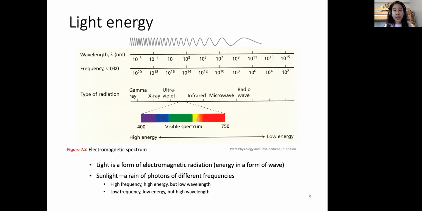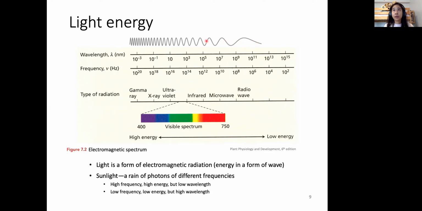All these together are different types of electromagnetic waves, and every electromagnetic wave has a particular wavelength. That means, like in this example, this is a longer wavelength. One wavelength is just from here to here.